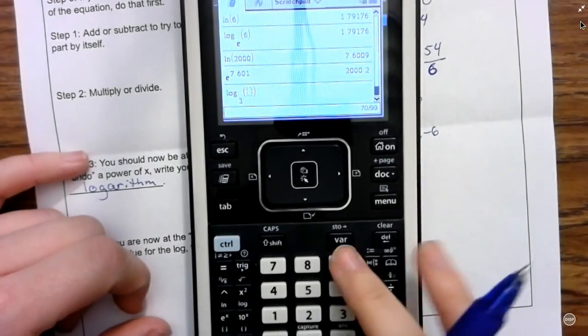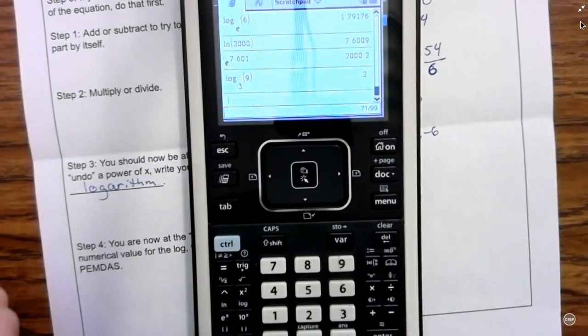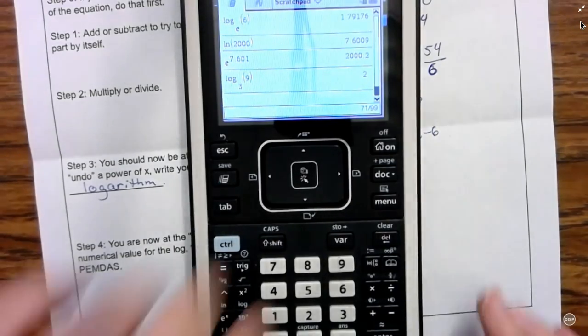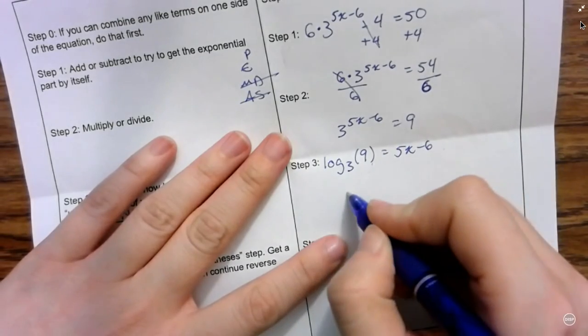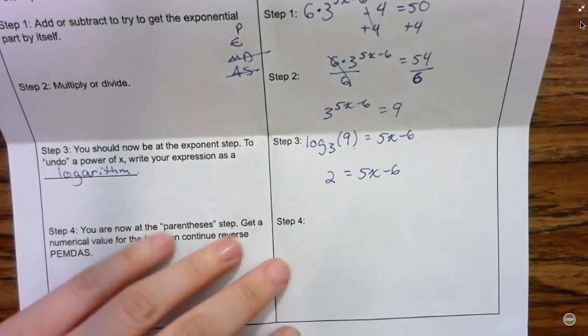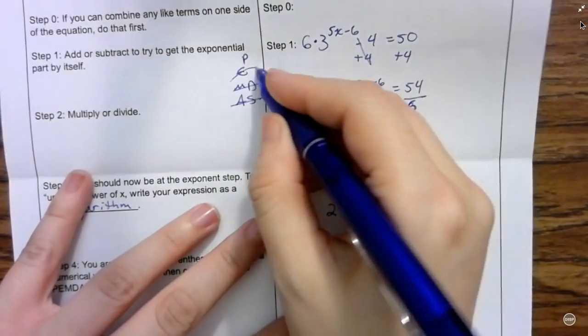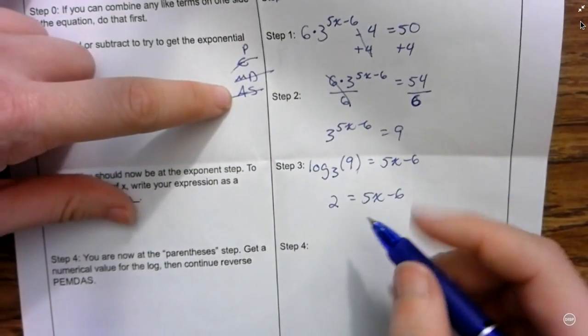Log base 3 of 9, we know it's going to be 2 because 3 squared is 9, but go ahead and practice typing it in, and oh look, it's 2. So replace this whole thing here with 2 equals 5x minus 6. And once you have that, you are done with the exponent step, and you're now in the parentheses, so you get to start all the way back at the bottom again.